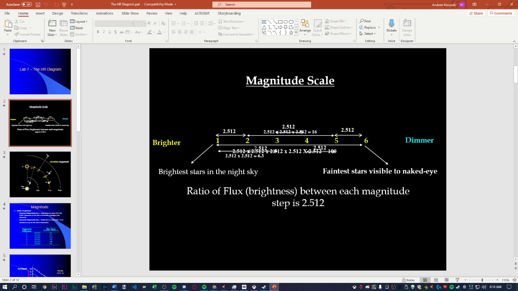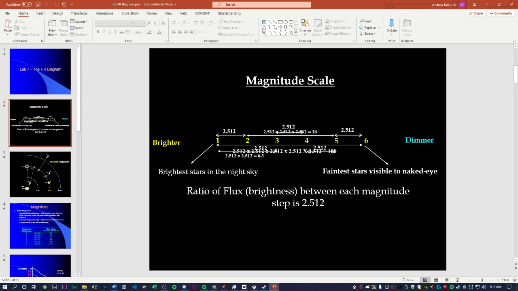So a magnitude 2 star compared to a magnitude 5 star, that's 1, 2, 3 times. If you put 2.512 raised to the third power, so it's 2.512 times 2.512 times 2.512, that is actually about 16 times brighter. So if you have a star that is 3 magnitudes brighter, it's about 16 times brighter. Okay?